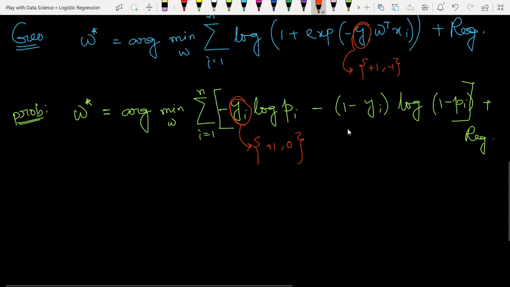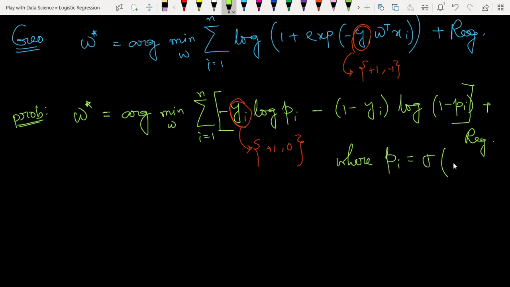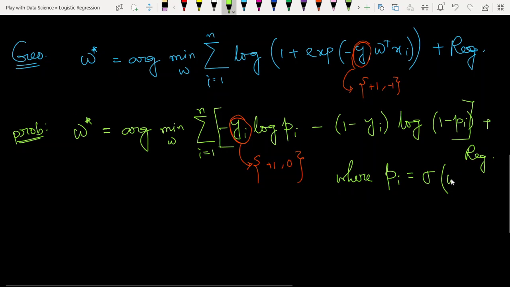And one more thing: p_i is simply the probability, meaning our Gaussian function of w transpose x_i. We learned these equations when using the squashing technique.